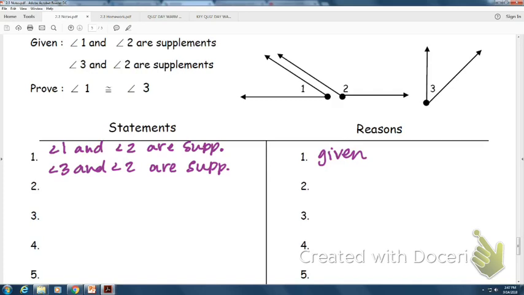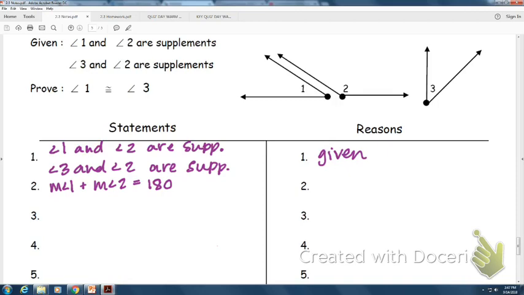Pause. If I told you that angle 1 and angle 2 are supplementary, what would you tell me? They add up to 180 degrees. So start writing what you know. We know that the measure of angle 1 plus the measure of angle 2 equals what? 180. We also know that angle 3 and angle 2 are supplementary.